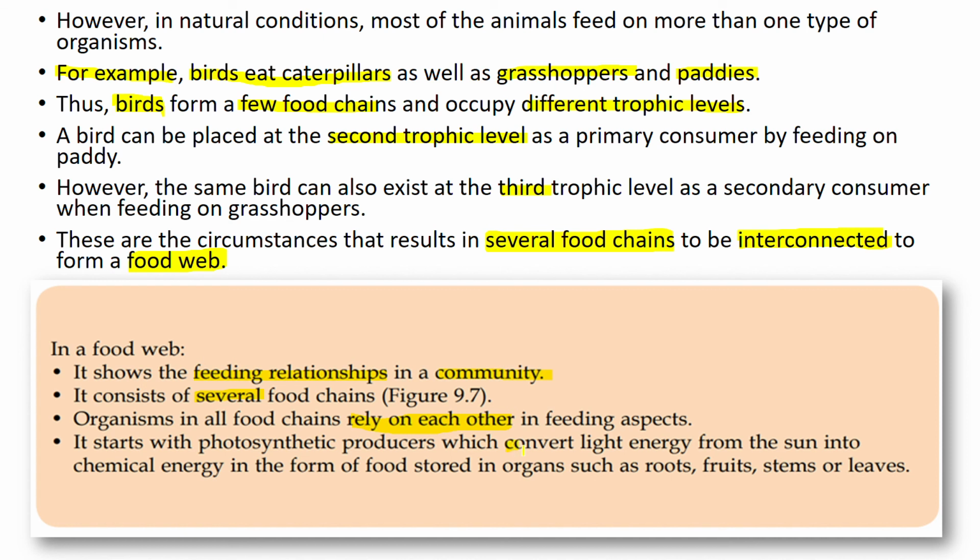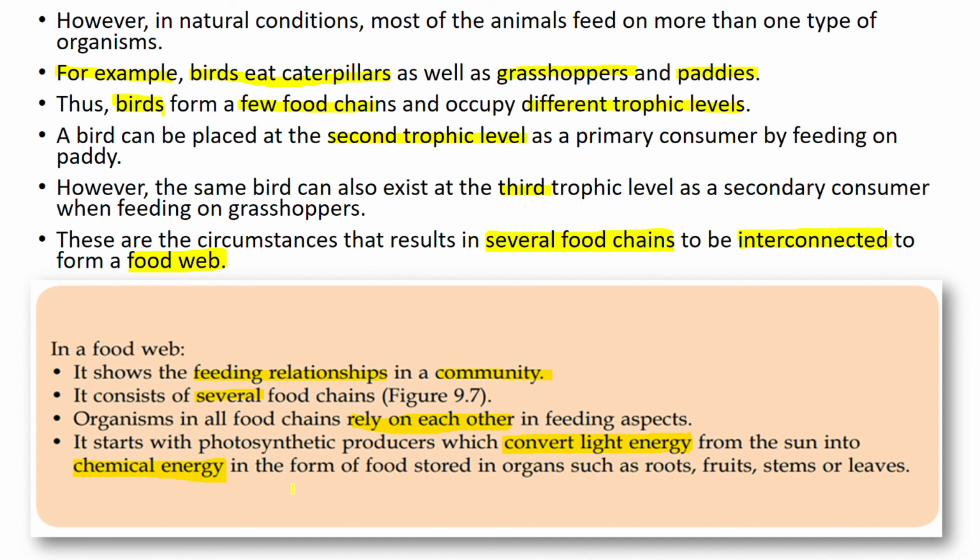Okay, ini yang penting. What are producers doing that other consumers cannot do? Producers are able to convert light energy from the sun into chemical energy. Consumer lain tidak dapat buat tugas ini. So bagaimana itu berlaku?